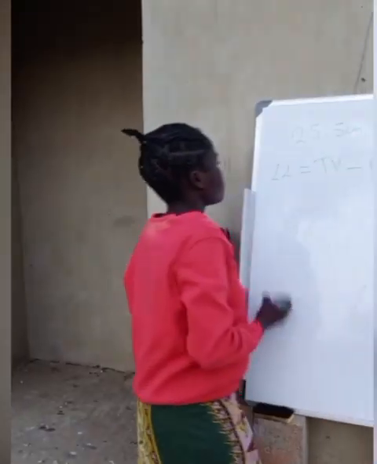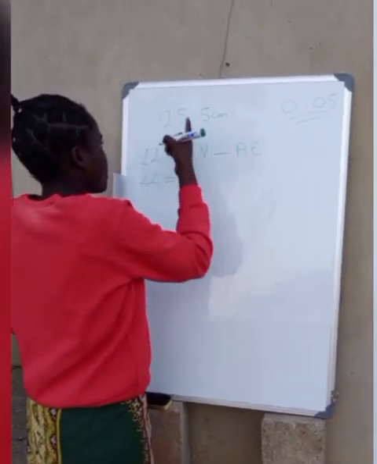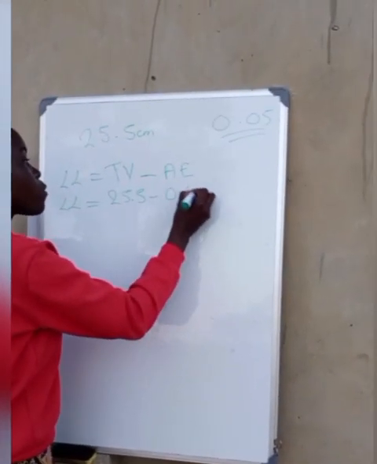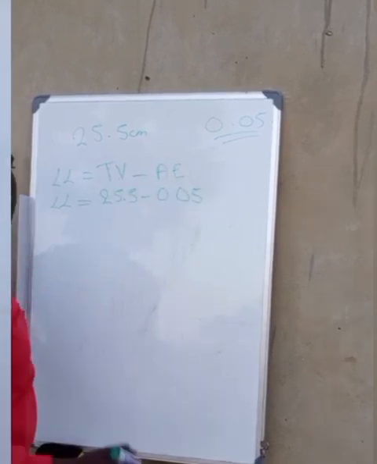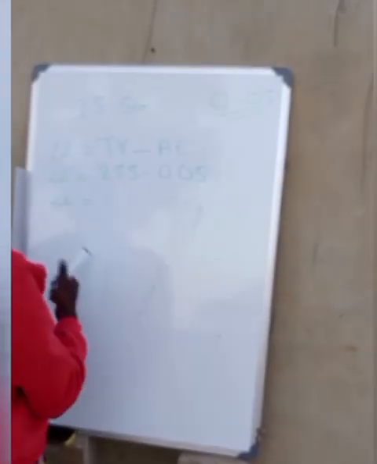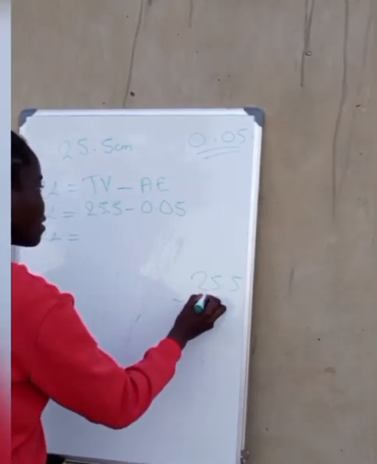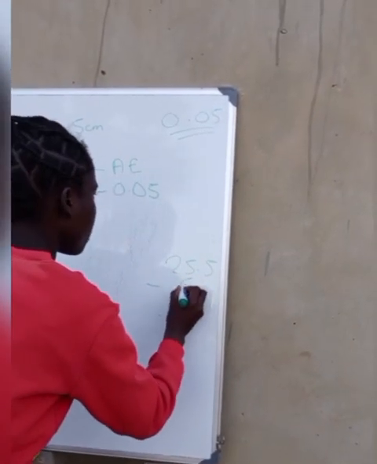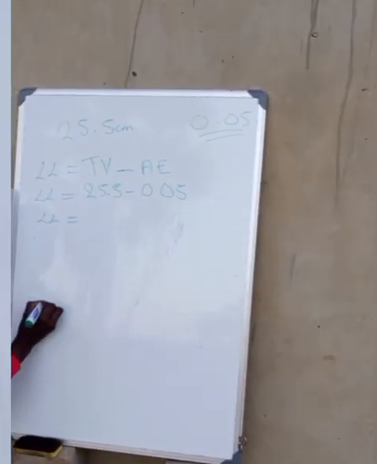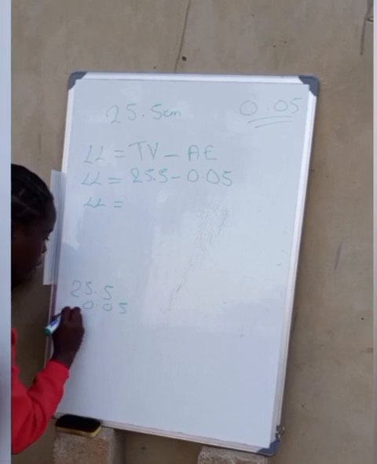So the lower limit is equal to the true value, 25.5, minus 0.05, the absolute error. Let me just write it this side: 25.5 minus 0.05.